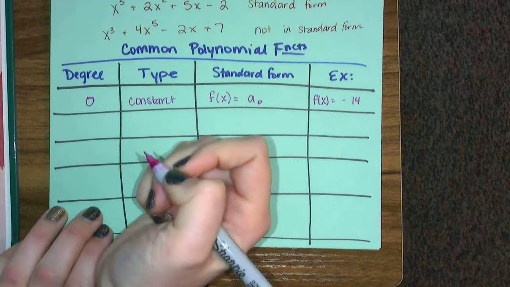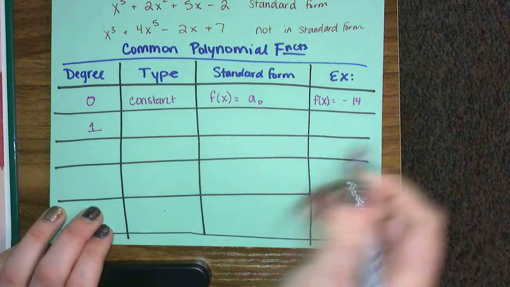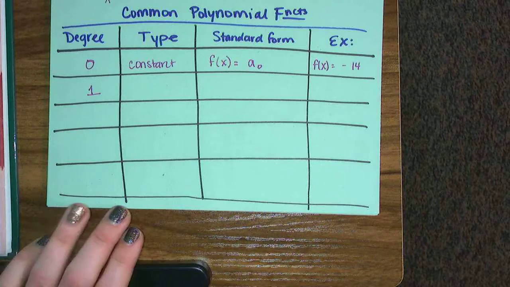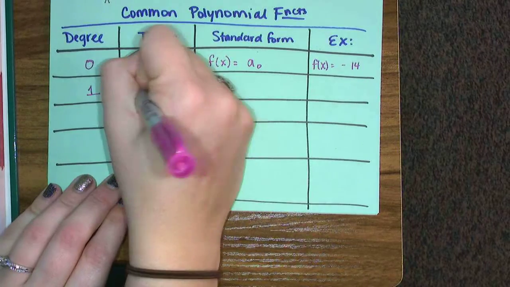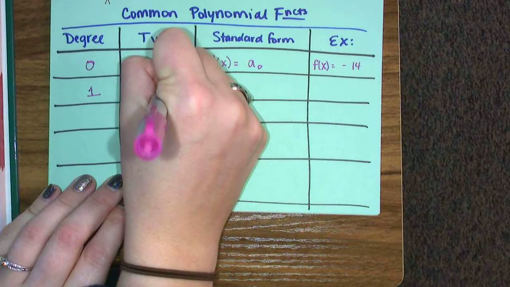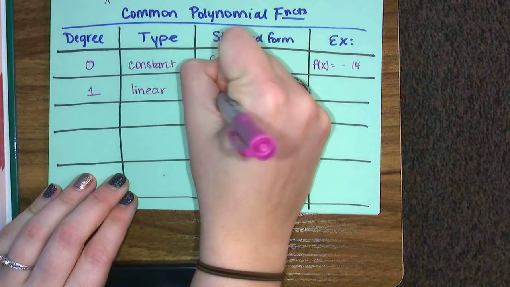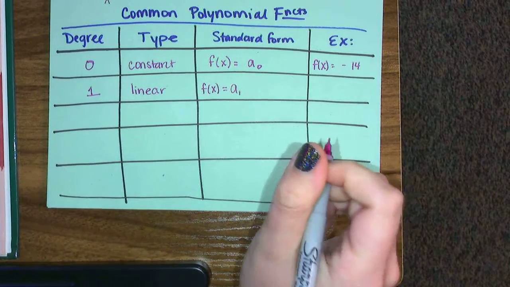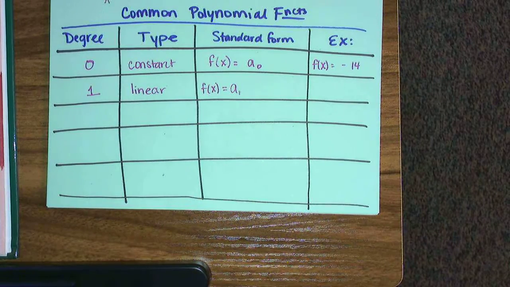Alright, the next one is degree 1. Is everybody at least down to the chart so I can slide this up? Okay. Type, this is linear. It looks like a lot of charts, but you don't actually have to use them that much. You don't have to know what they're called. You just need to know how to use them.